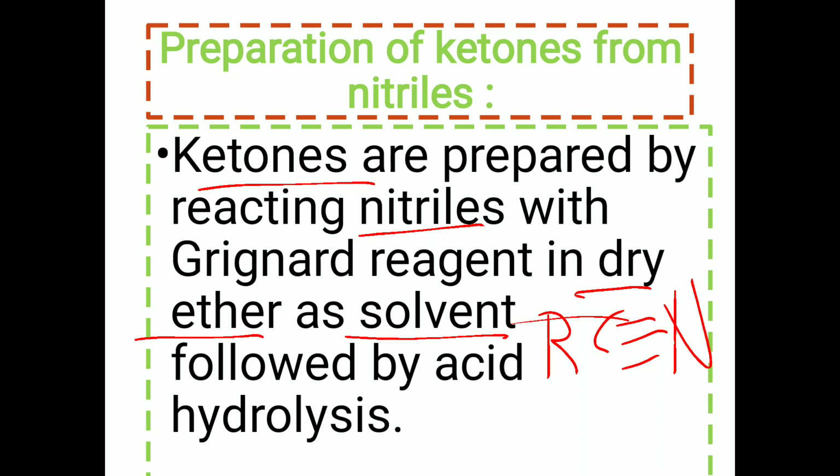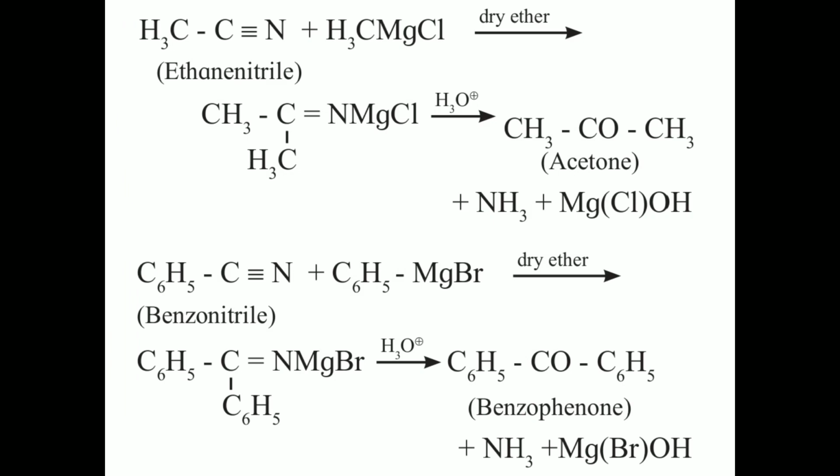Now the reaction for this is to prepare acetone from ethanenitrile. Ethanenitrile is given by the general formula CH3C≡N. Then it reacts with the Grignard reagent, that is CH3MgCl, methyl magnesium chloride, in the presence of dry ether.